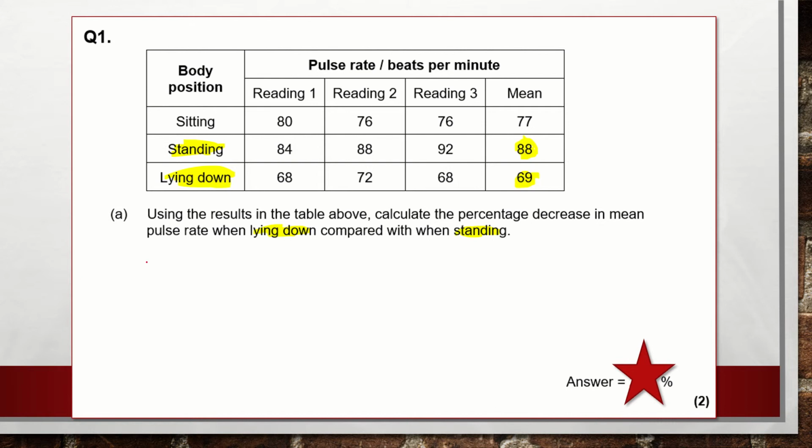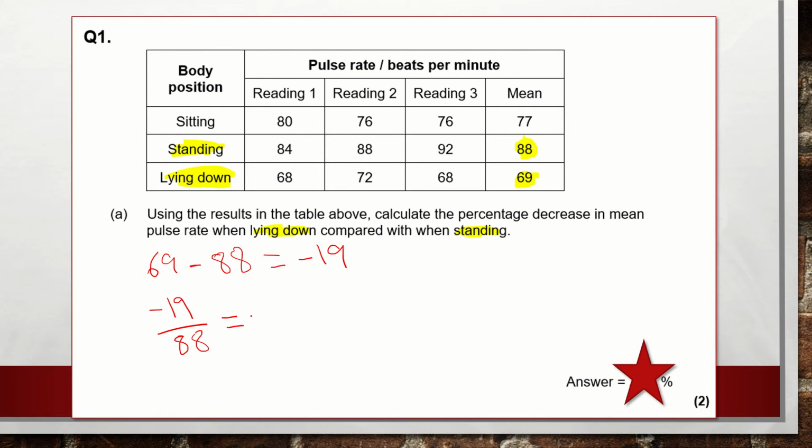Here, our lying down is 69 minus our old, or what we're comparing against, which is 88. That is going to give us minus 19. That's the difference between the two values. Remember, we're taking that difference and dividing it by the old number, or what we're comparing against, which is 88.